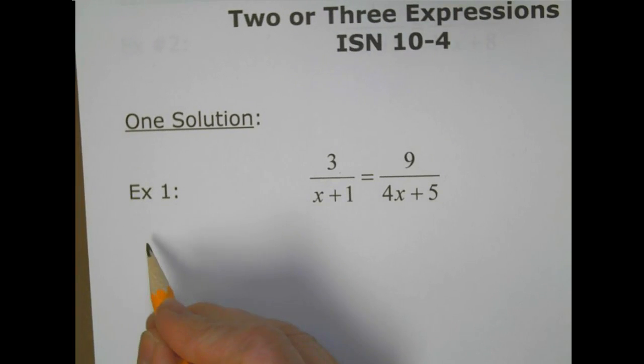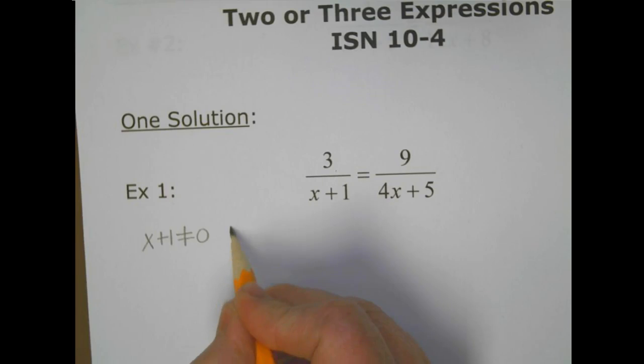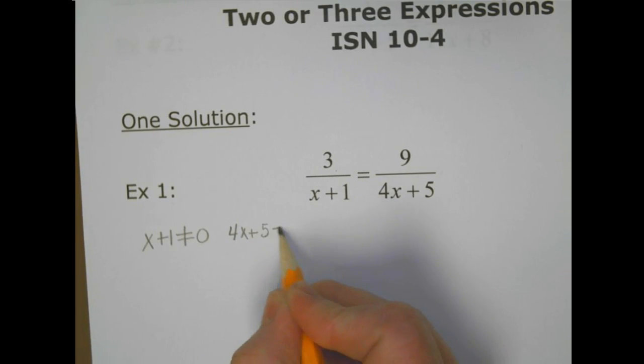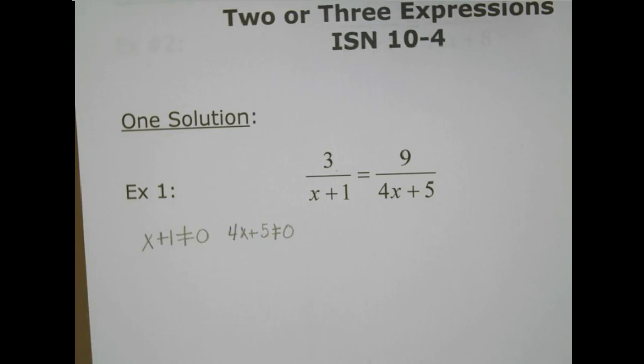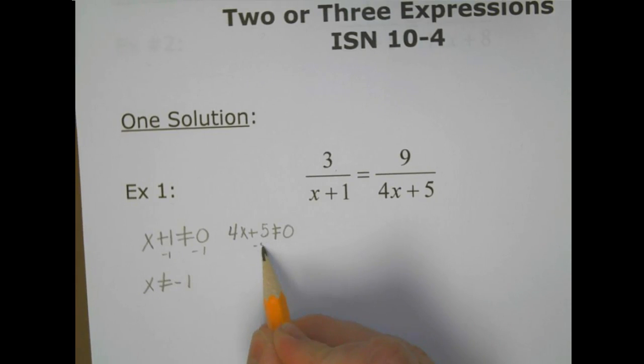So, over here on your paper, x plus 1 cannot equal 0, and 4x plus 5 cannot be equal to 0. Those cannot be equal to 0. So, subtract 1 from both sides, and x cannot be equal to negative 1.